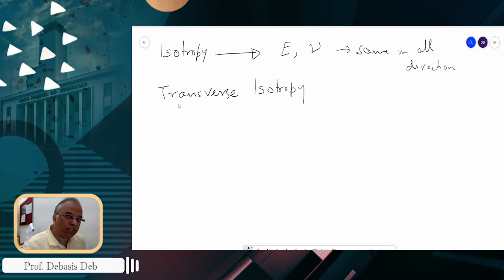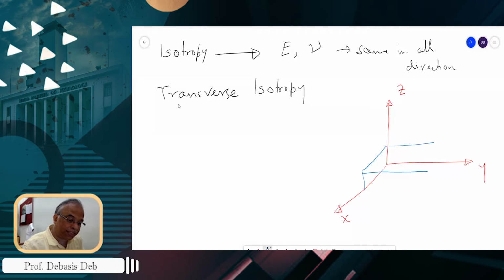Now, what is transverse isotropy? This is definitely related to mining and geotechnical engineering, and it is very important. Let me give you an example. Mostly our coal deposits or sedimentary rock, if I put it in the X, Y and Z plane, are normally deposited layer by layer.